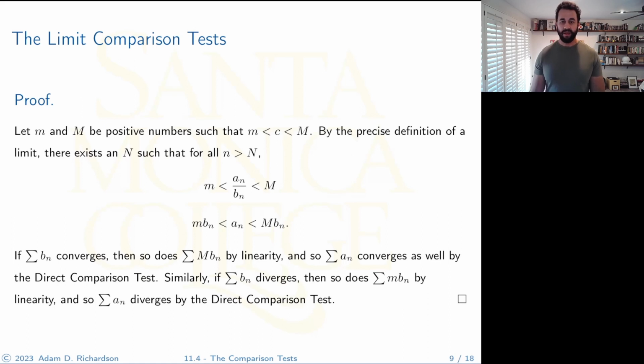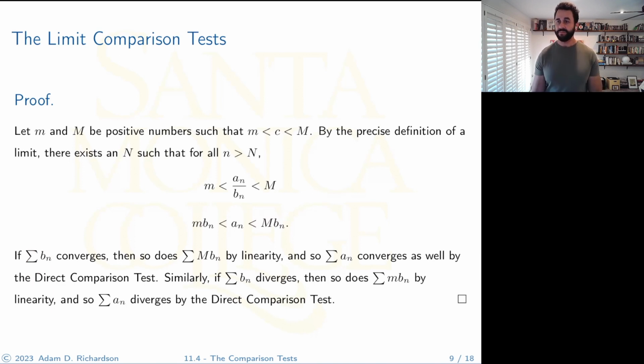Now, if this series converges, then this series also converges by linearity. That's just linearity of convergent series. And so this series must be convergent as well by the direct comparison test. So the direct comparison test is giving us the result of the limit comparison test. Basically, if this converges, then this converges, and because we have this order relationship, the series with a sub n in it must also converge.